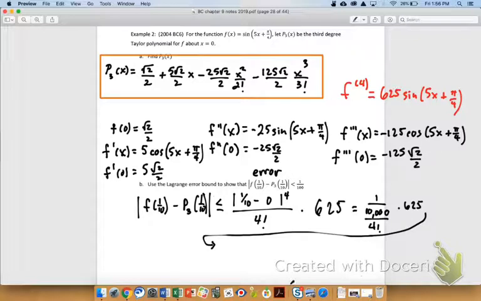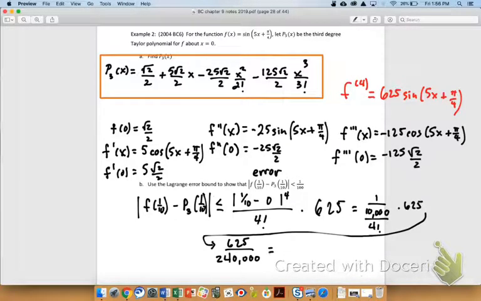So it's 625 over 240,000. Did you say 24,000, Peyton? I thought you said 24. 4 factorial is 24, so it's 240,000.